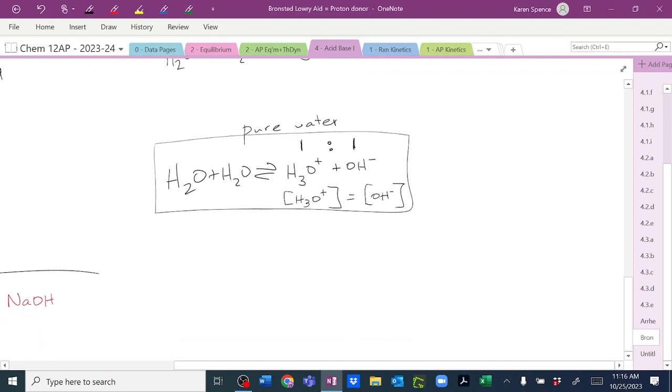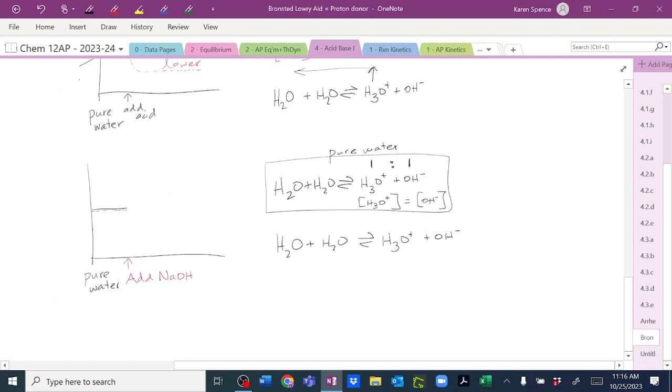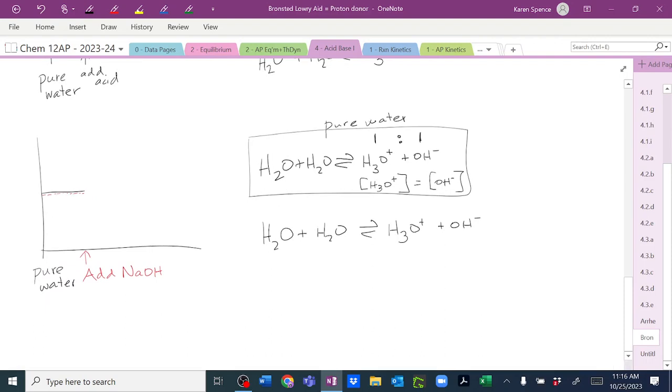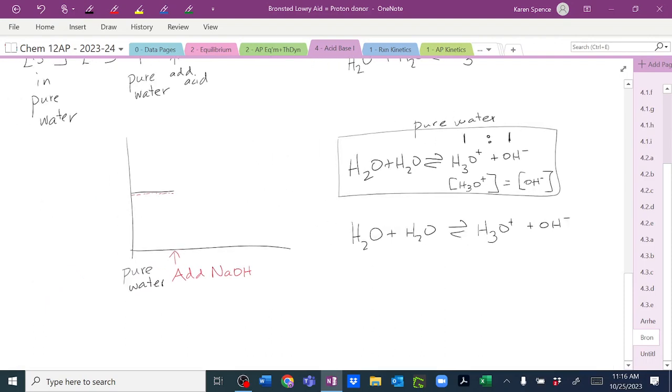But now what we're going to do is add some sodium hydroxide. What happens to this equilibrium when we add sodium hydroxide?